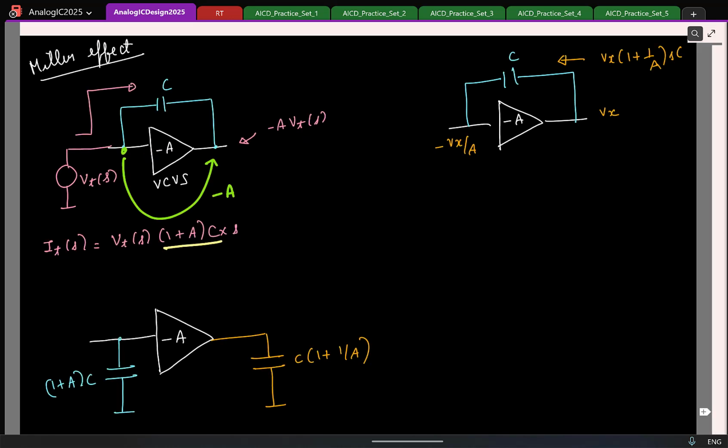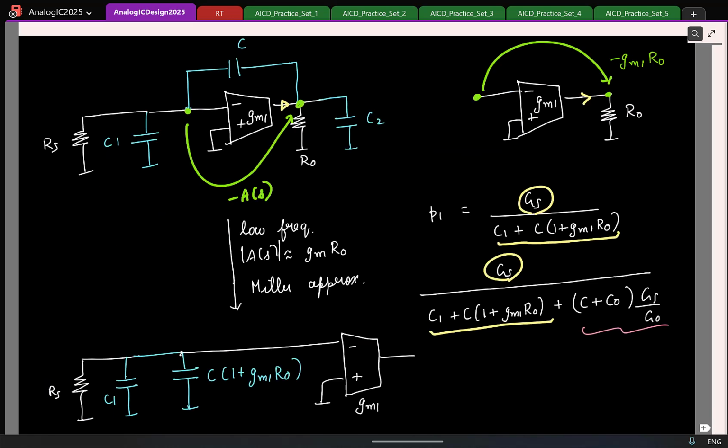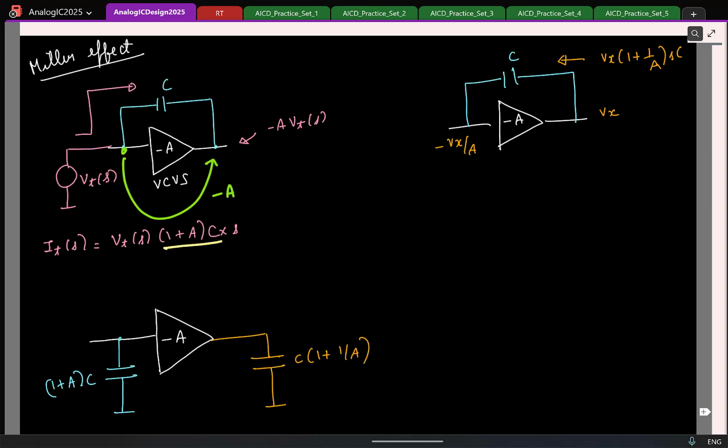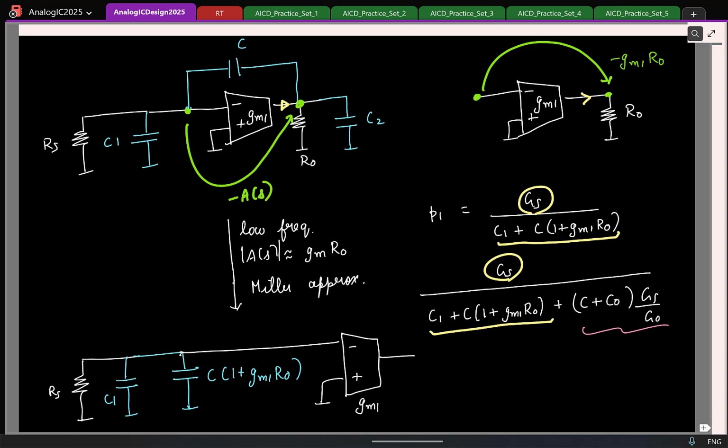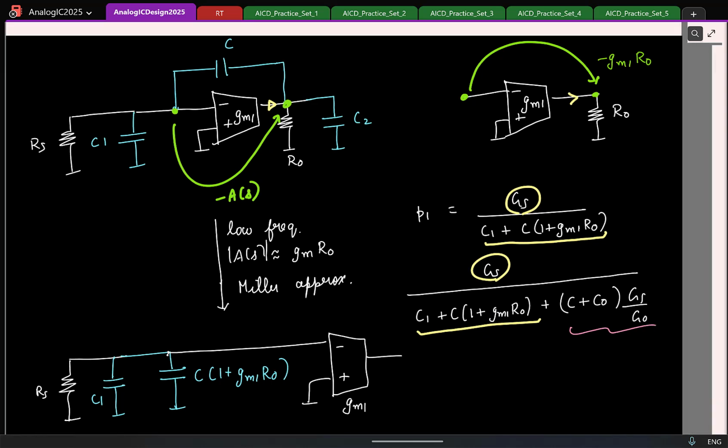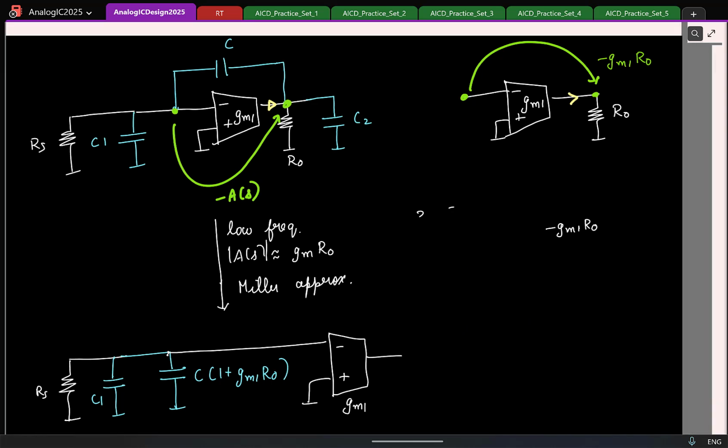And this is where a common confusion arises among the students. We already saw that with the Miller effect, this capacitor here I can reflect at the input side with a value C into 1 plus A. At the output side I can reflect it with a value C into 1 plus 1 by A. So the question that usually comes is the following. Let me copy this. Let me erase this, it is not relevant now.